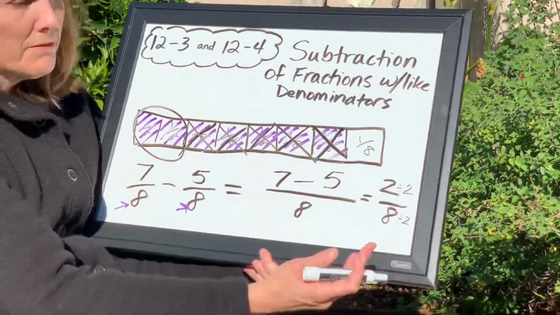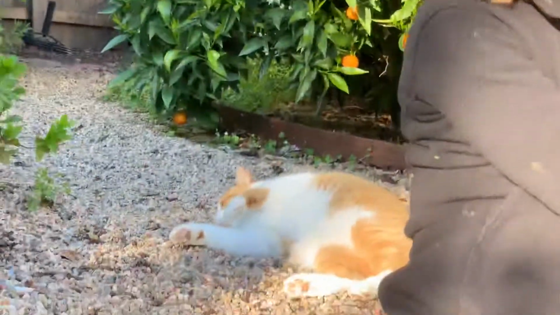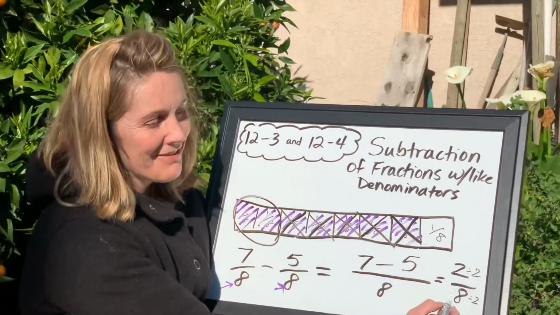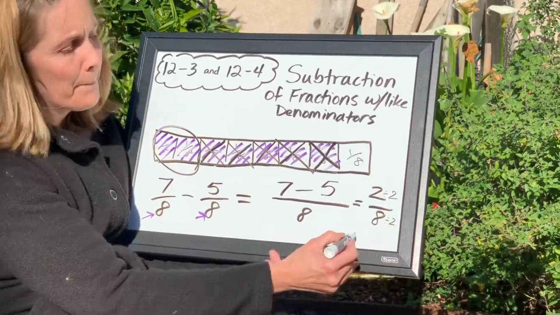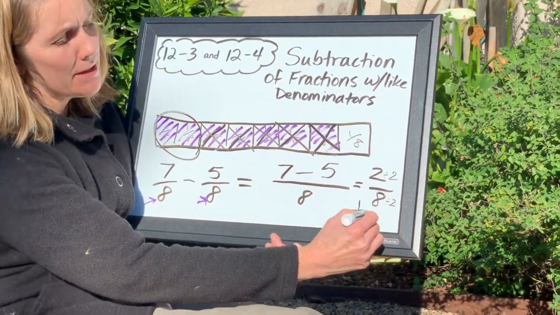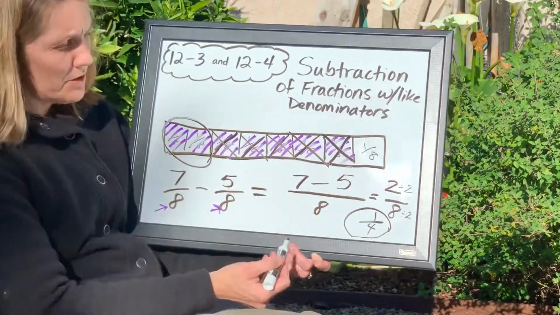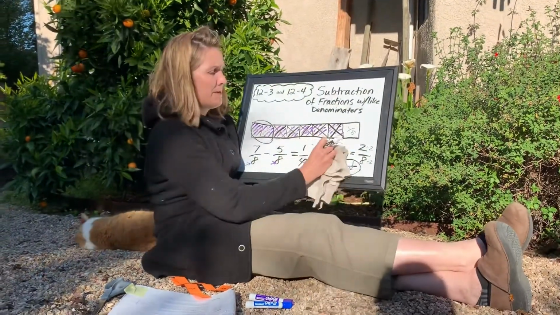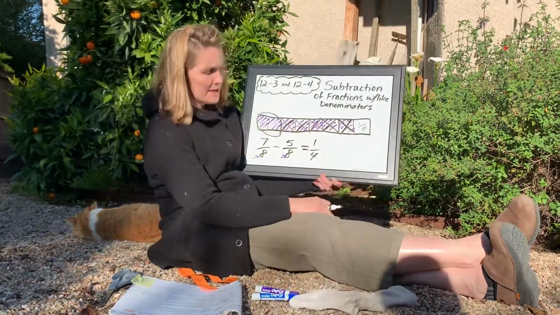To simplify, you just divide both top and bottom by the same amount. And you are left with what? 2 divided by 2? 1. 8 divided by 2? 4. Excellent. So 1/4 is your answer to this whole problem. To simplify that, 1/4 is the answer.